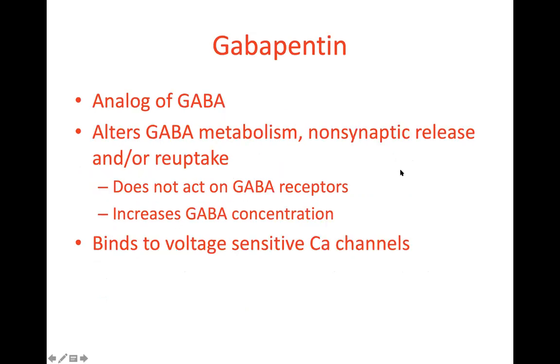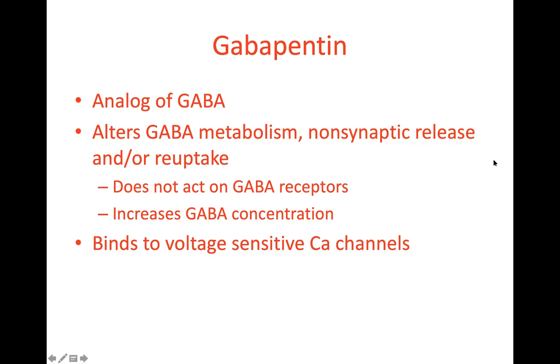Okay, so another drug which I'm seeing used quite a bit for just about everything. Gabapentin is basically an analog of GABA. GABA is the inhibitory transmitter, and what gabapentin does is it alters GABA metabolism. It can alter non-synaptic release or reuptake.